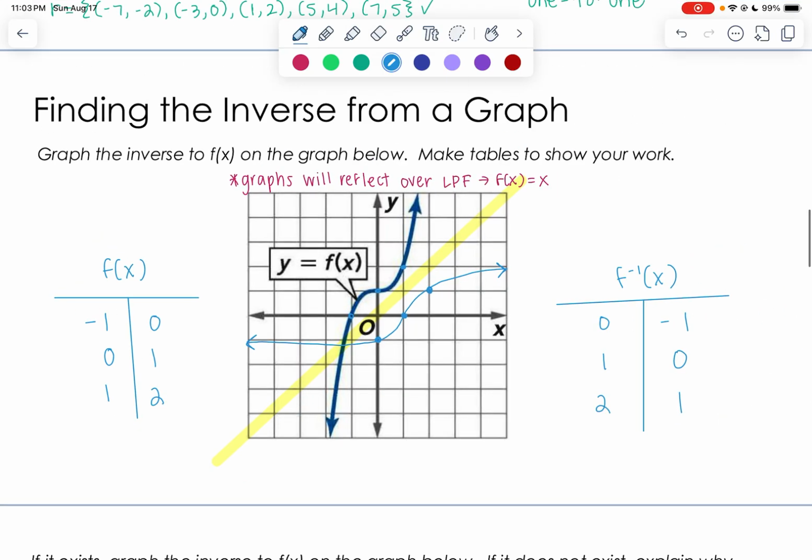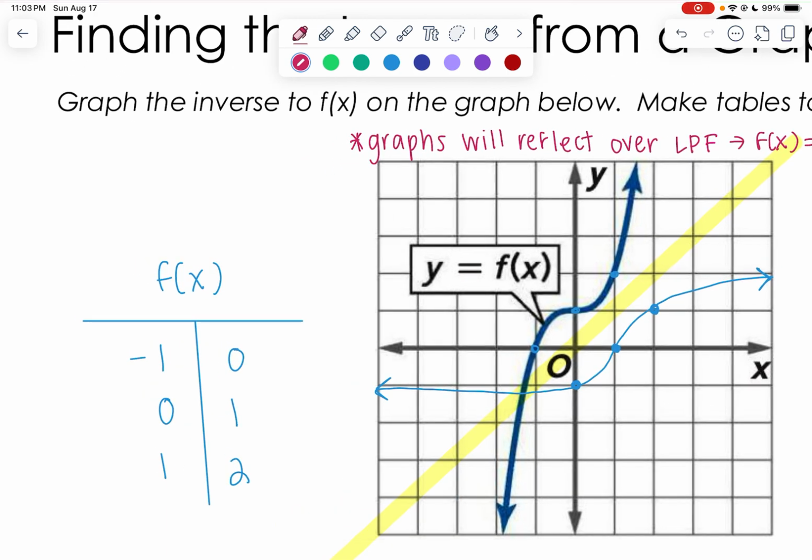Now, if I asked you if this was 1 to 1, if I asked you if the inverse even existed, that's when you can use the vertical line test and the horizontal line test to check. Now, VLT and HLT is not an accurate justification. You can't say the inverse exists because of VLT and HLT.